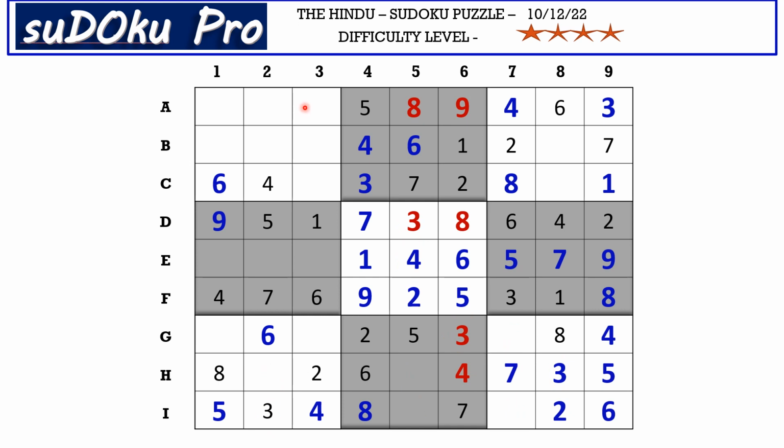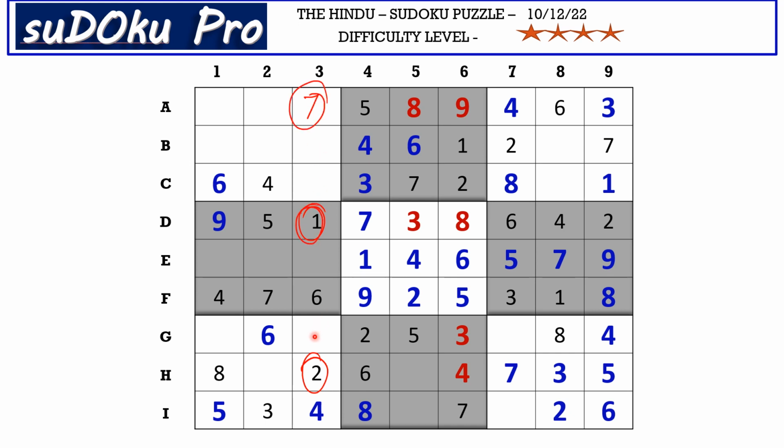Now in A row we miss 1, 2 and 7. There is 1 and 2 blocking from column 3. So A3 takes 7. Here we know that we miss 1, 7 and 9. This 1 from D row and this 1 from A row blocks this cell.